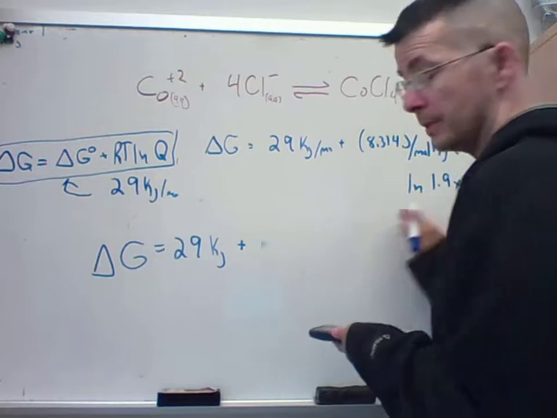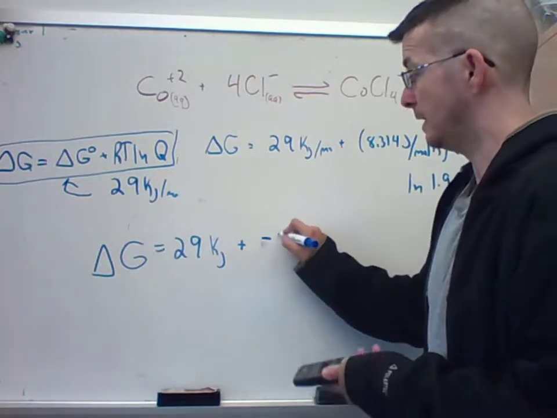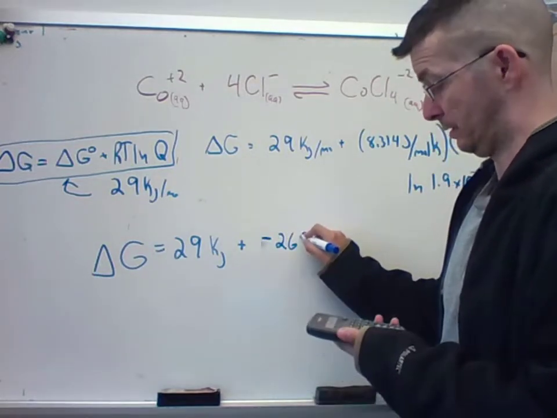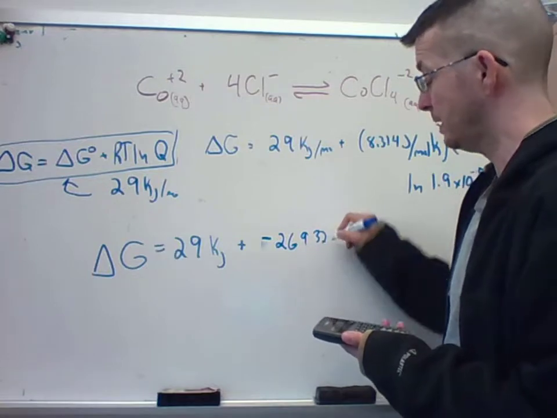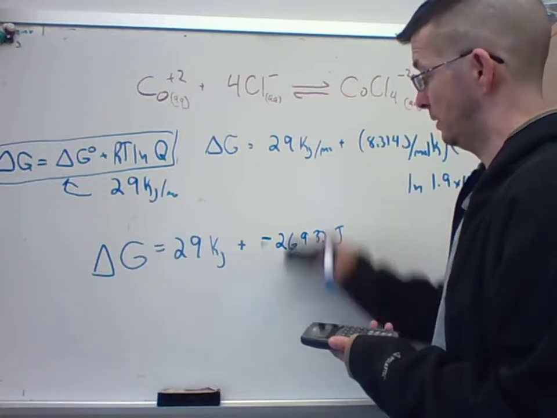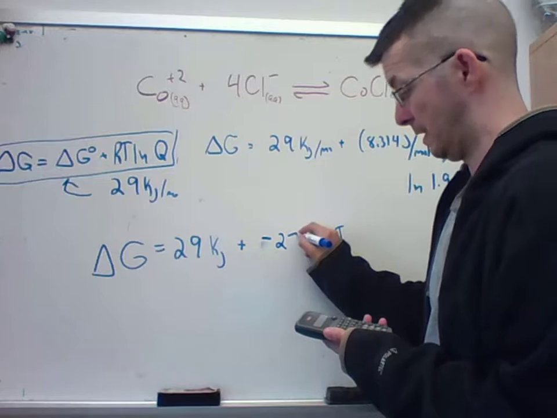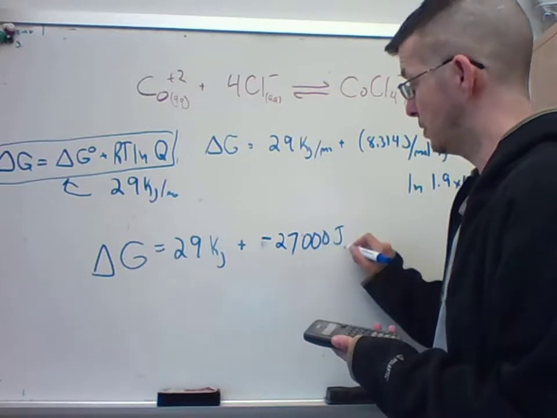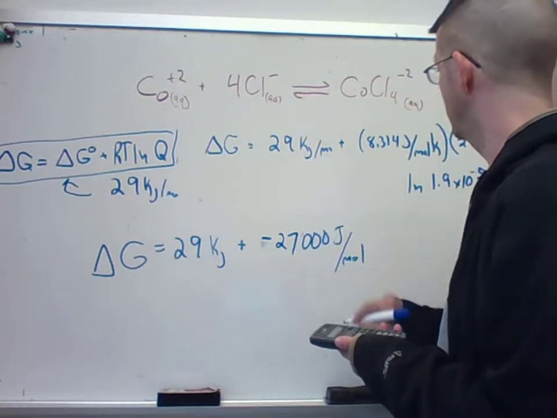When you multiply these values together, you get negative 26,933 joules, or sig fig wise 27,000 joules per mole.